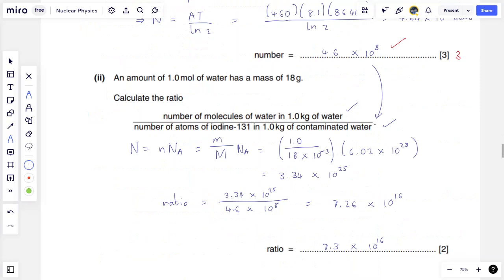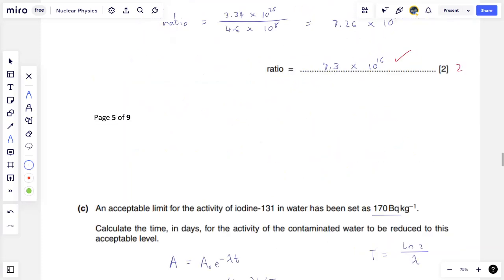The next one, to calculate the ratio, you scored a mark for finding the top of the ratio, the number of molecules of water, which is something we weren't given, but we could have found. And the second mark is for solving the ratio correctly and making sure your number is a decimal. Even though we use the word ratio, it should never be a fraction. This is physics. The number should always be expressed as a decimal. And that scores you 2 marks.